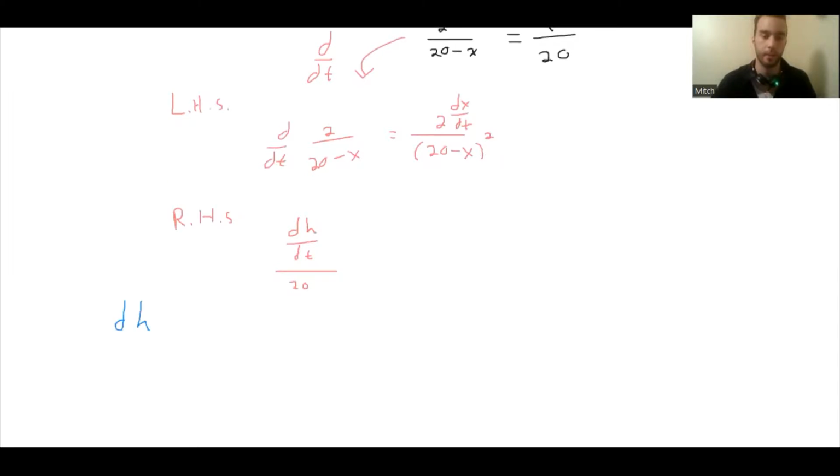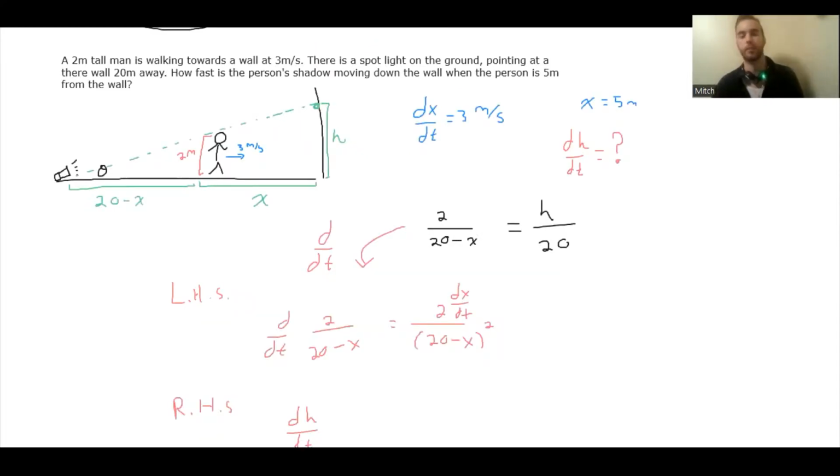That's nice. dh by dt is going to equal 20 times this 2, so that's really going to be 40 times dx by dt divided by (20 minus x) squared. So that's nice. We don't even need to calculate what the height of the shadow is to get this.